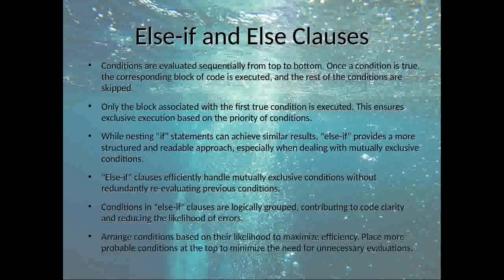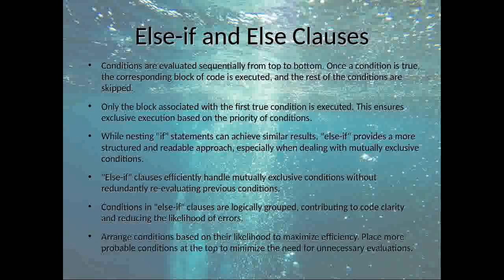The conditions should be logically grouped to reduce your spaghetti code and make it more understandable and reduce errors. And also remember when you're doing this to arrange the likelihood for maximum efficiency. So if it's more often true than not, put that condition at the top in the if.